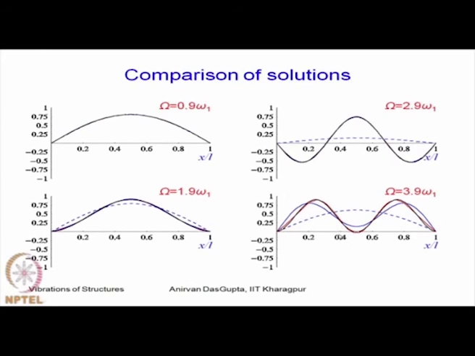So, you can see that slowly as you increase the forcing frequency and consider higher modes or the higher natural frequencies, the 2 term solution is now in error. The 3 term is still quite close, but as you go to higher and higher, you will have to take more and more terms in the series to get close to the exact solution. So, we see that the series solution actually converges onto the exact solution.